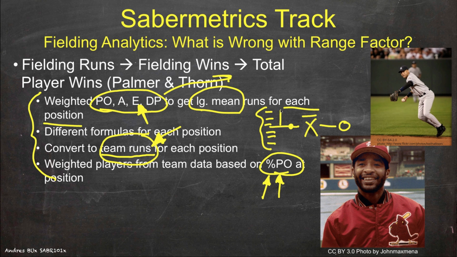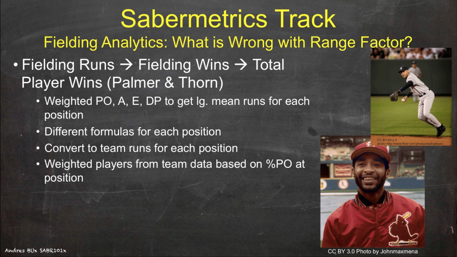Then you get teams which had better defense at a position. They would get positive runs. And then the teams below the mean would get negative runs. So those team runs then would be apportioned based on putout percentage. So the reemergence of fielding analytics out of the dark ages of errors and fielding percentage really starts with Pete Palmer and John Thorn.